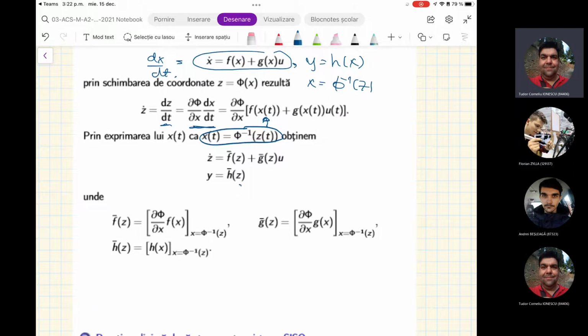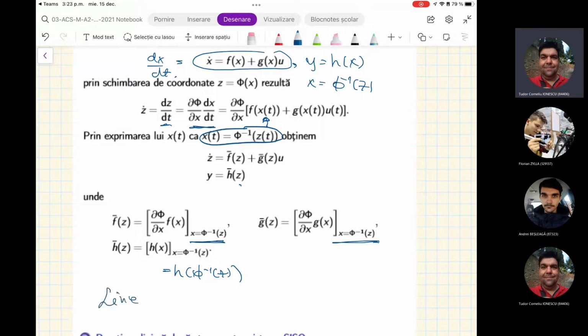And then you get these new functions f bar, g bar, h bar in the new coordinates z, just like in the linear case. Where f bar is d phi/dx times f(x), evaluated in phi inverse of z, so it's in z coordinates. h bar is h of phi inverse of z, and g bar is also evaluated in phi inverse of z. So it's just like the linear case.